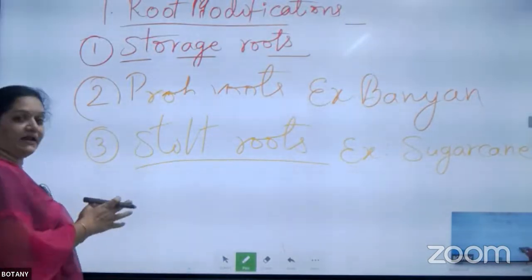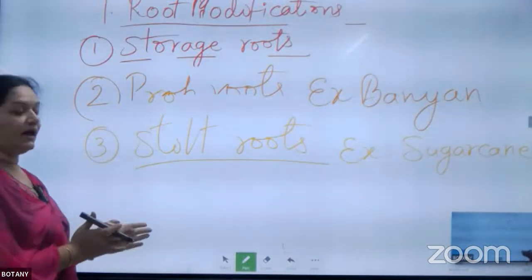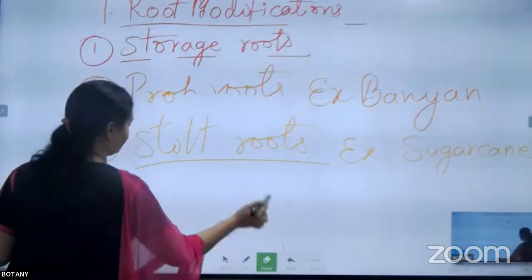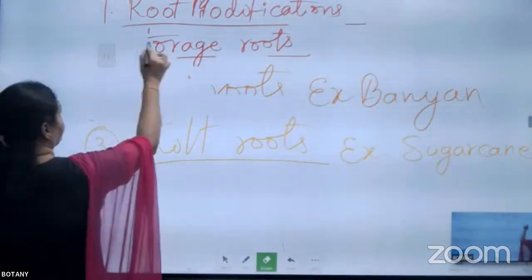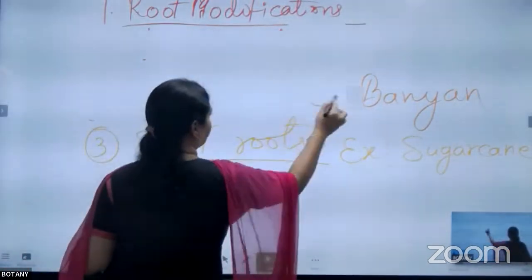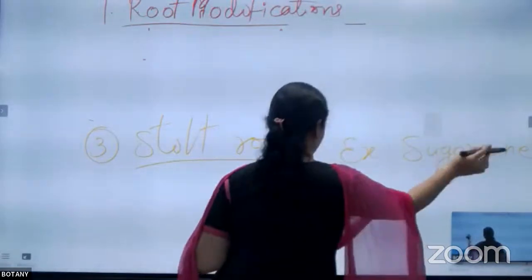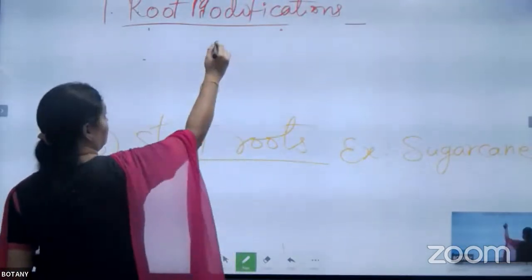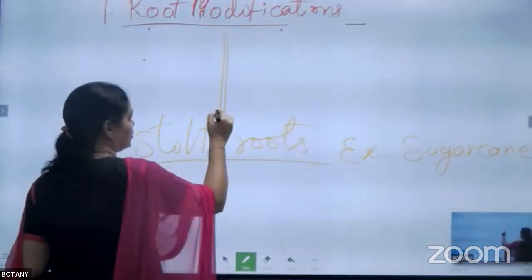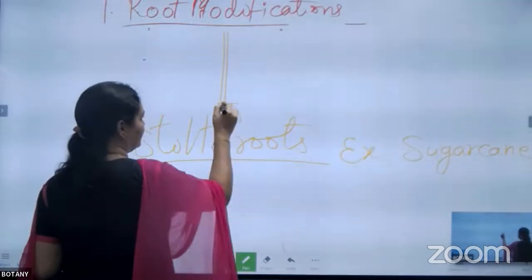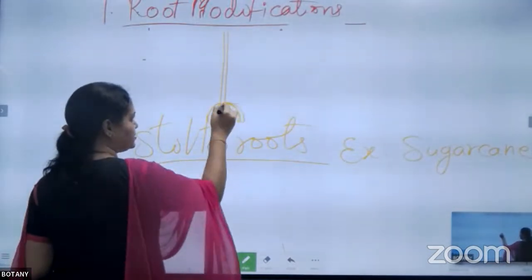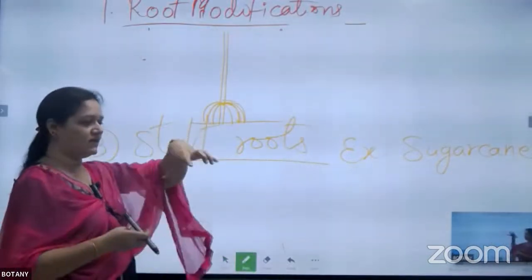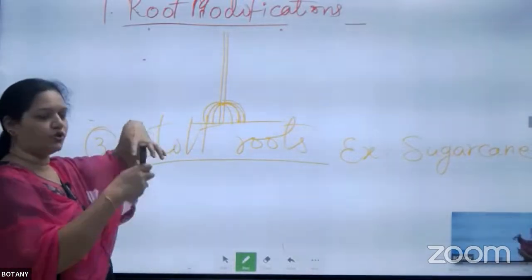So here the plant has an unbranched tall stem, and from the first nodal region of the stem, the roots will arise, the adventitious roots, to give extra support for the plant body. Like this, the roots will arise from the first nodal region.